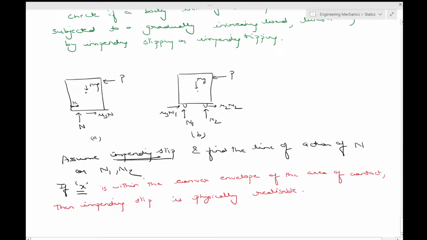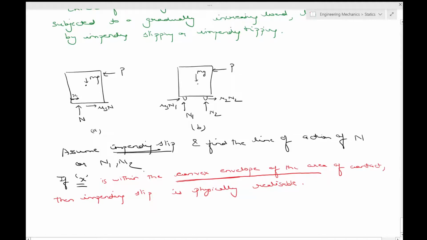Let me put that in red so that you can visualize this. So this check you have to make: if x is within the convex envelope of the area of contact, then the impending slip is physically realizable. You have to understand what this convex envelope is. It's not the actual area of contact but the convex envelope of the area of contact. You will understand this once you try to visualize how this impending slip will happen.